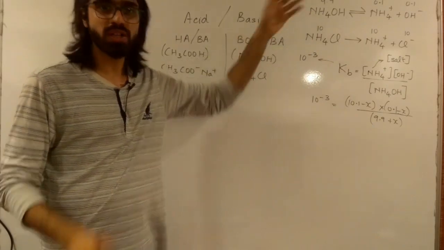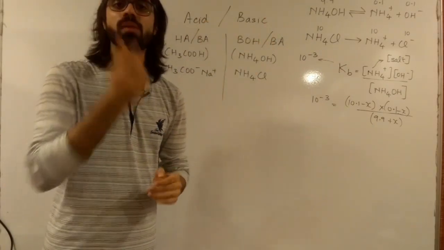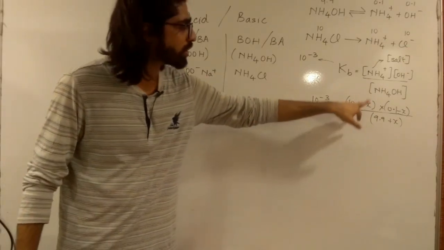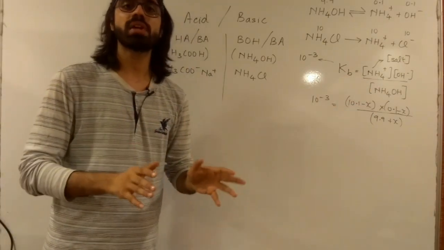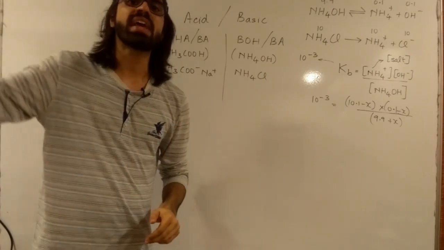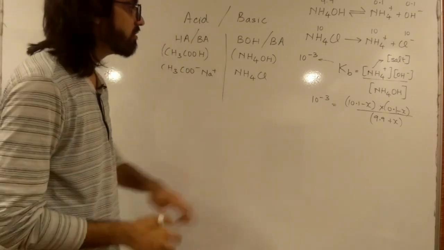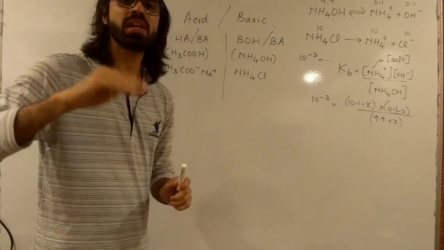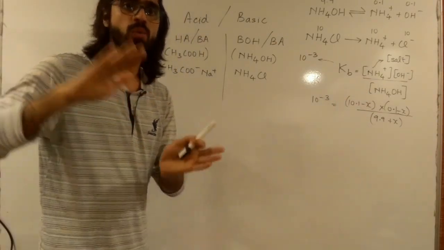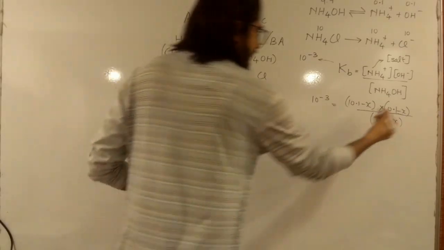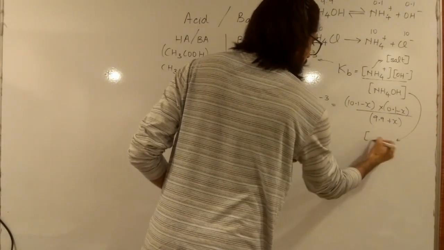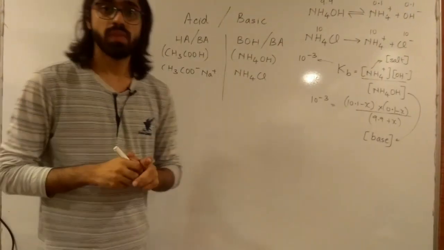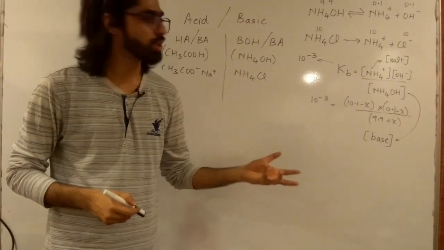So whatever NH4OH you had taken initially, only a little amount of it has dissociated at equilibrium. So at equilibrium, the NH4OH concentration is approximately equal to the NH4OH that you had taken at the beginning, and that is why we say that NH4OH concentration at equilibrium is approximately equal to the NH4OH concentration which you had taken originally. So we say that NH4OH is the concentration of base that you had taken for making the buffer solution.